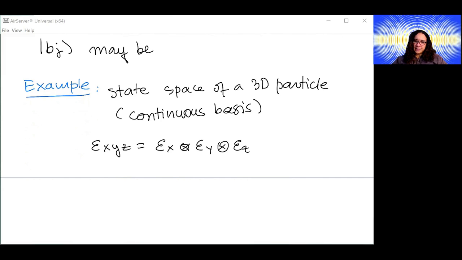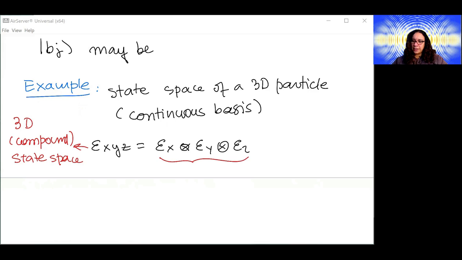So this is the 3D compound state space, and these are the 1D state spaces.